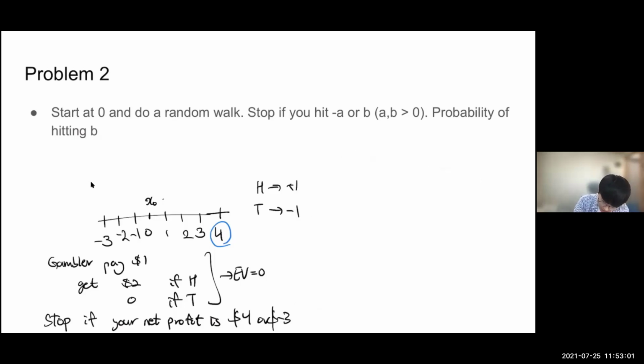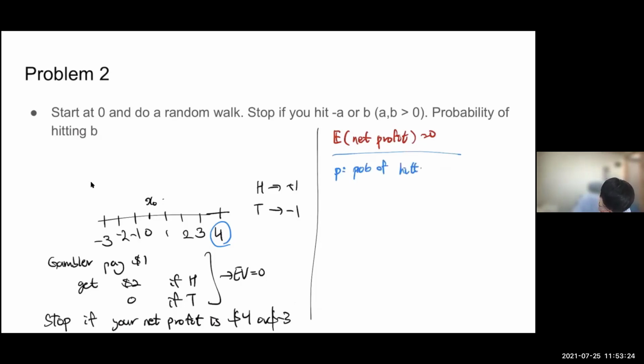Here, you know that the expected value of your net profit is 0, and you could basically use this fact to calculate the probability of hitting 4. Let's say that P is the probability of hitting 4. Then 1 minus P is the probability of hitting -3.